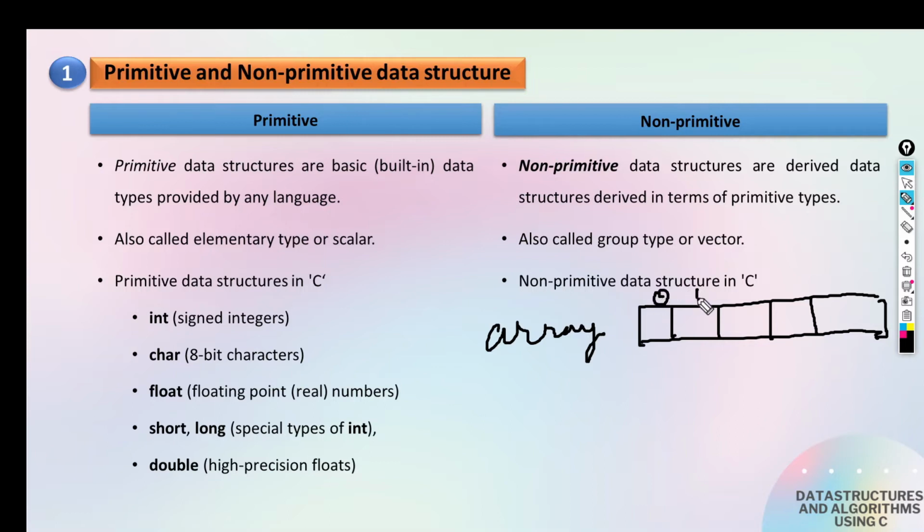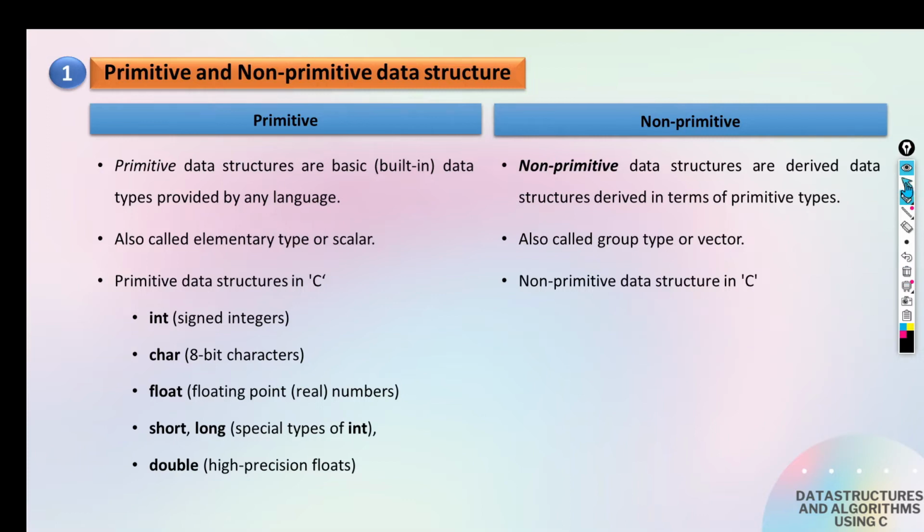Every element is identified by an index and they all share a common name, but every element is recognized by a number. They are all in continuous memory and their type is the same. So you can say array is a non-primitive type, but it is a homogeneous collection of elements. Homogeneous, why? Because all have the same type.